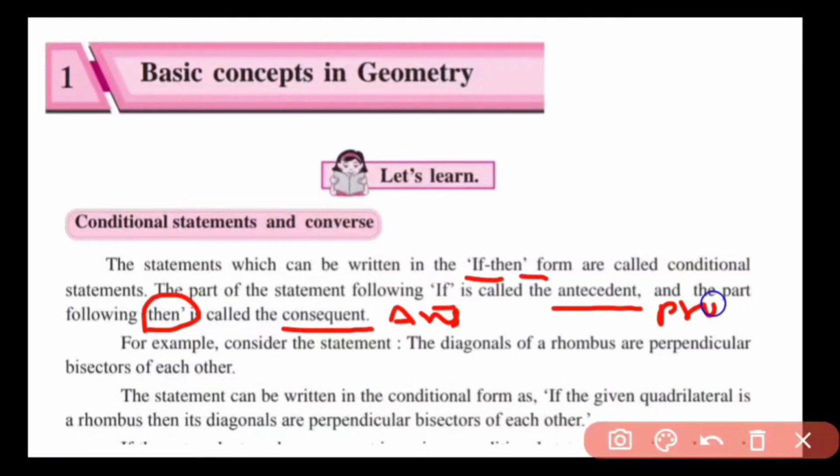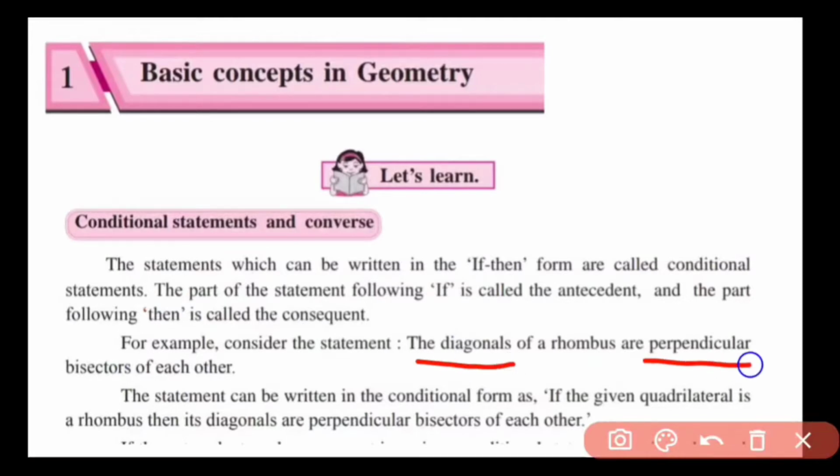So in this way, we have to convert the given simple statement into a conditional statement by using if and then. Let us see one example. Consider the statement, the diagonals of a rhombus are perpendicular bisectors of each other.